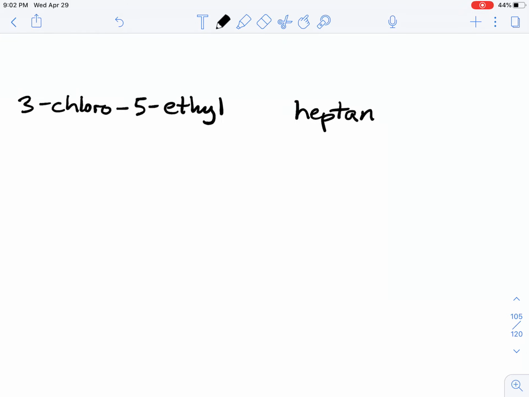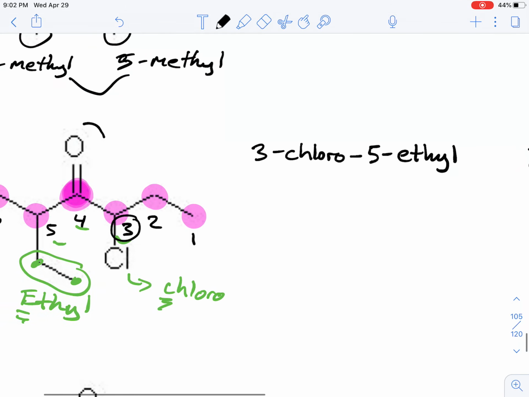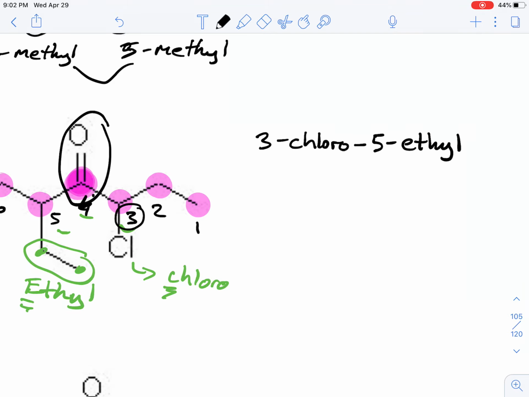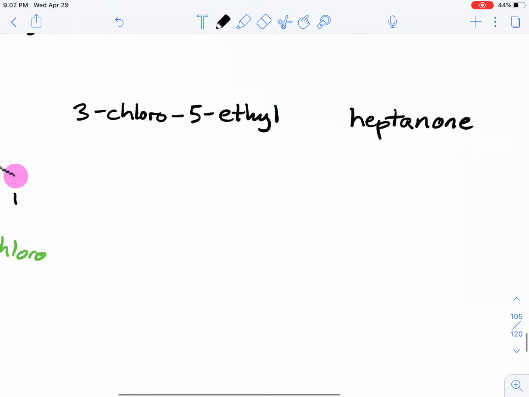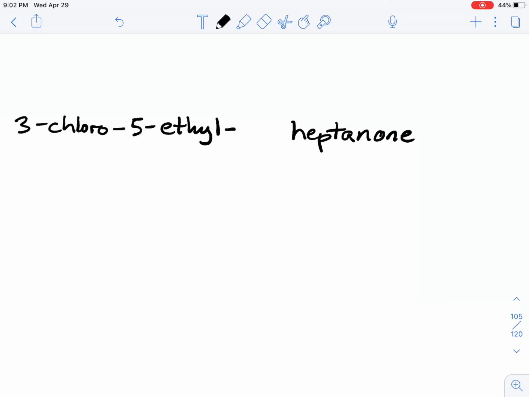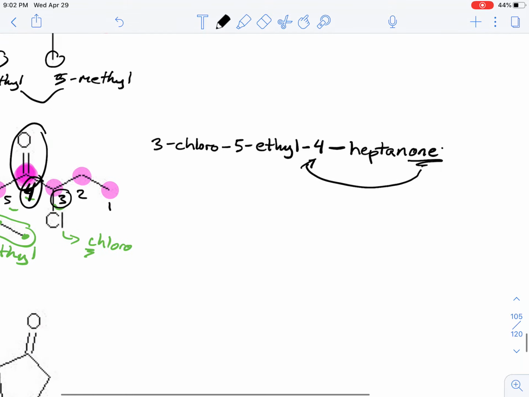We're going to erase the E, add the -one to describe our ketone. And we're also going to describe that it's on carbon number 4. And so I'm going to go ahead and put a number before the name of the parent to communicate to the reader that my ketone, my carbonyl carbon, is on carbon number 4.